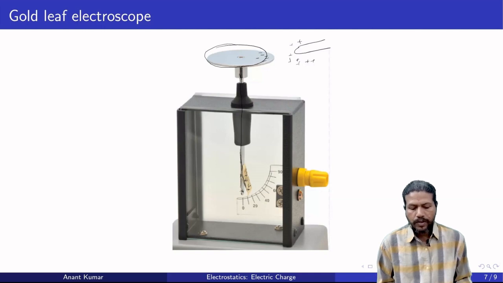Because they are both positive, the gold foil deflects, and the more it deflects, the more charge there is.